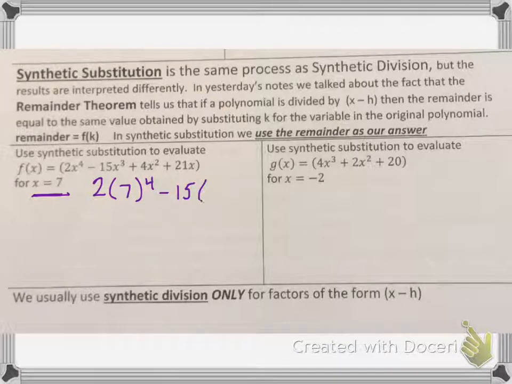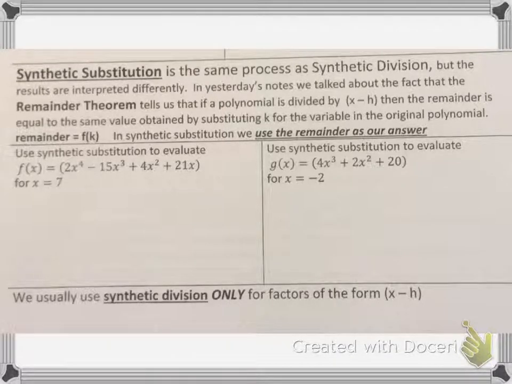We talked about this a little bit on yesterday's notes. 7 cubed plus 4 times blah, blah, blah. I'm not going to write the rest of it because that's really extra. There are a lot of places where you could potentially make a mistake, and we can use basically the same thing as our synthetic division to get to the answer a little bit faster.